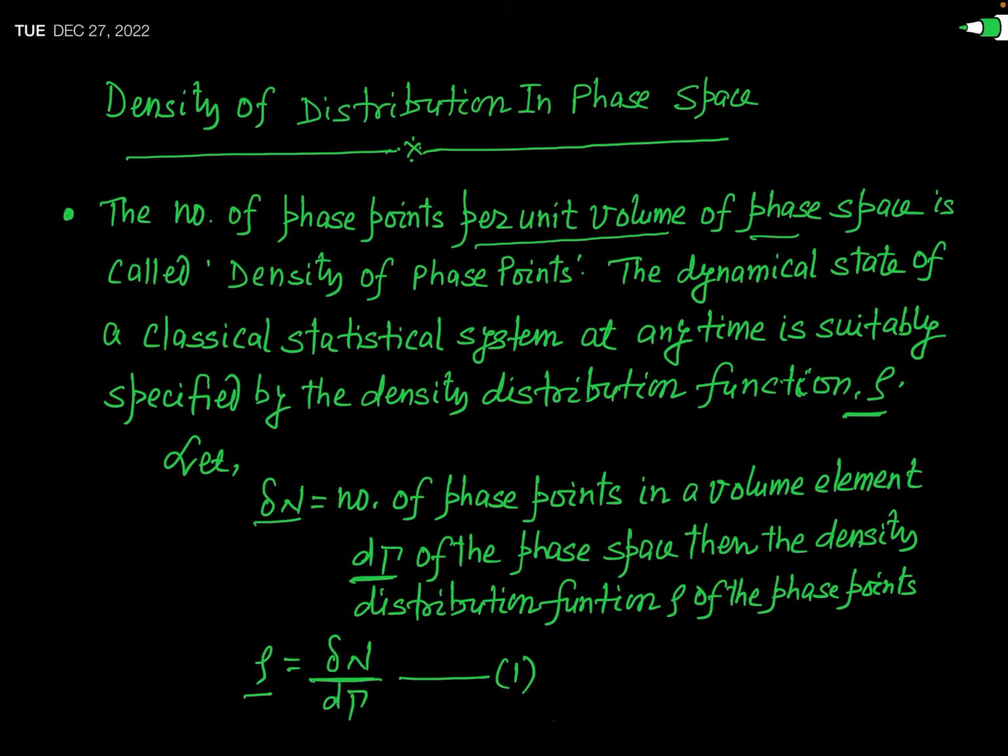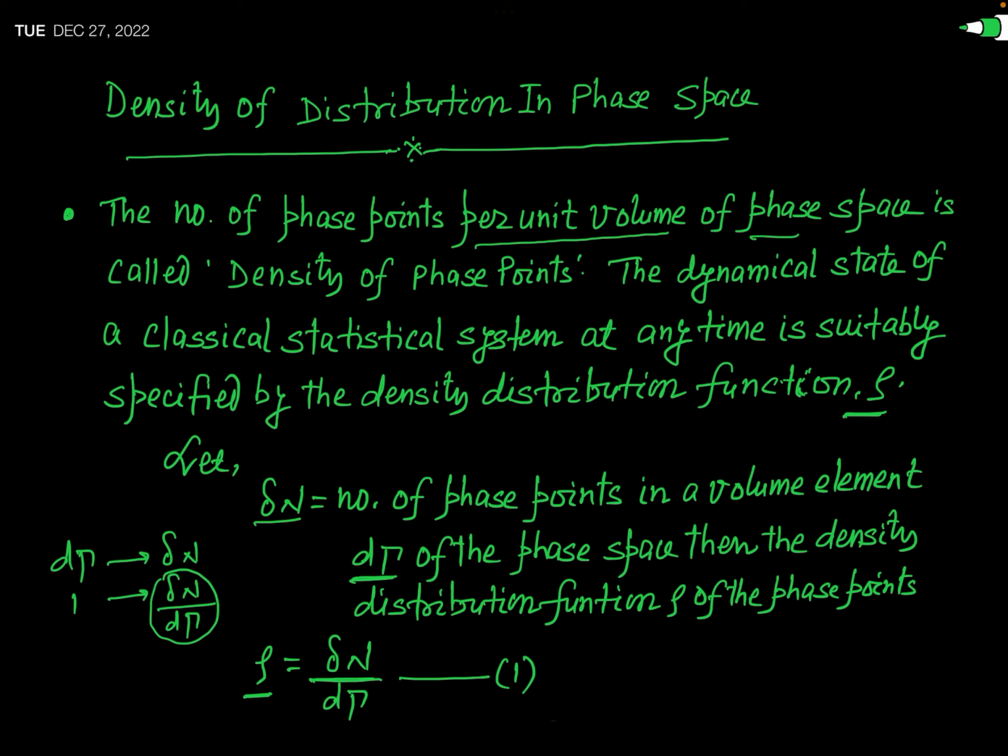This is obvious because in volume d gamma of the phase space, the number of phase points you have considered is delta n. So in unit volume, what will be the number? By the unitary method, this will be simply delta n by d gamma. And according to the definition, this delta n by d gamma is denoted by the symbol rho, and it is called the density distribution function, or simply the density of phase points in phase space.